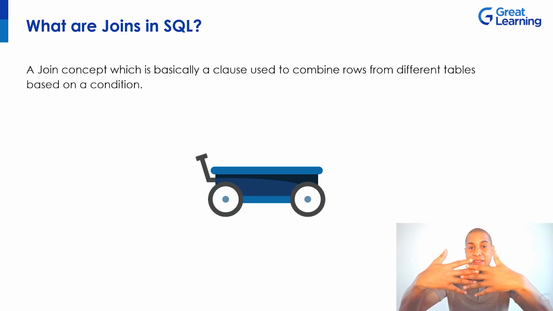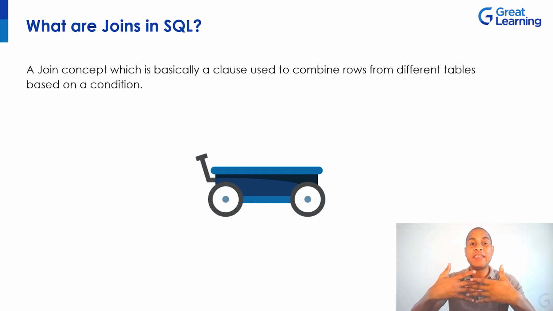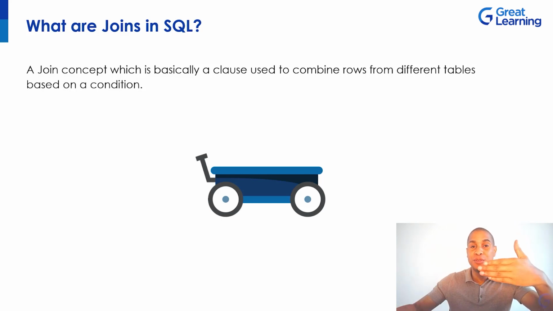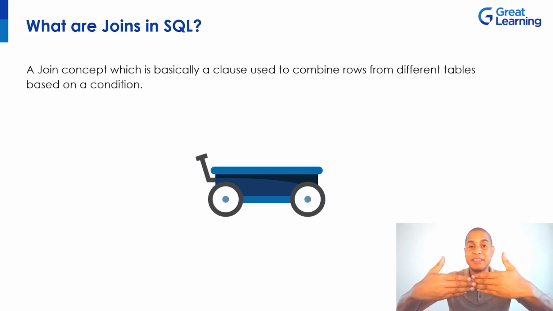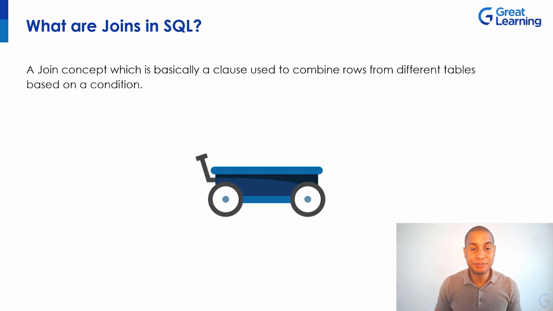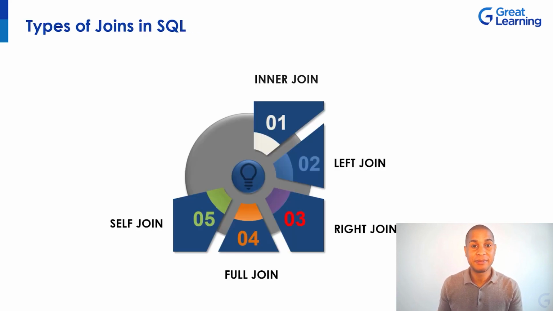We combine those two with a join, and that will be joining this on the student ID column that exists in both tables. So that is the condition that we would be building it on.